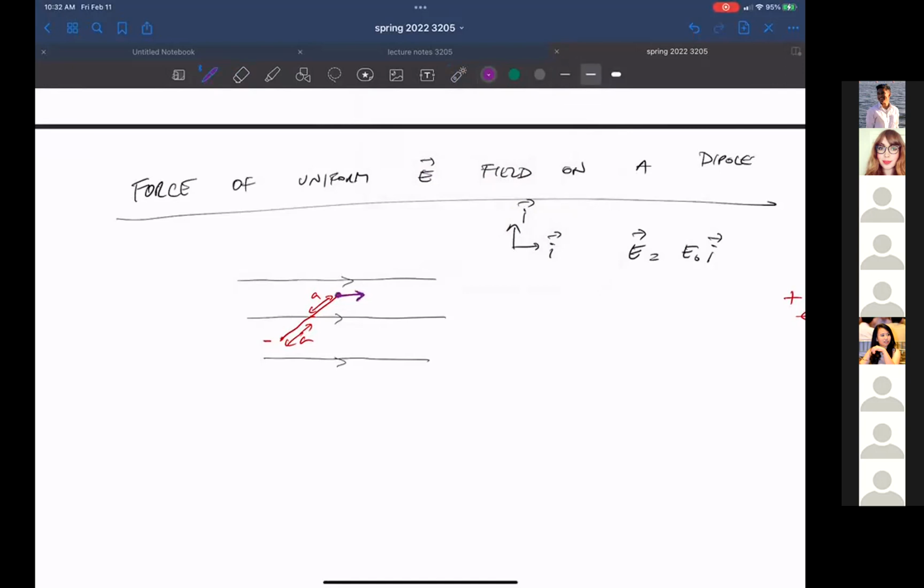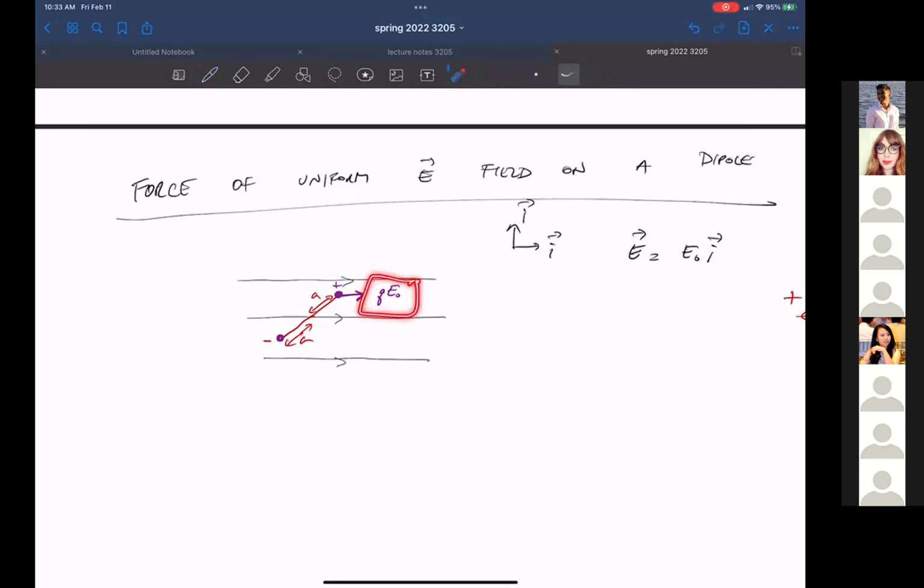Remember, this is just a plus charge and a minus charge sitting on either end of a stick. On one side you have plus charge, on the other side you have negative charge. So this top of the stick up here is going to get a force qE0 pointed in this i direction.